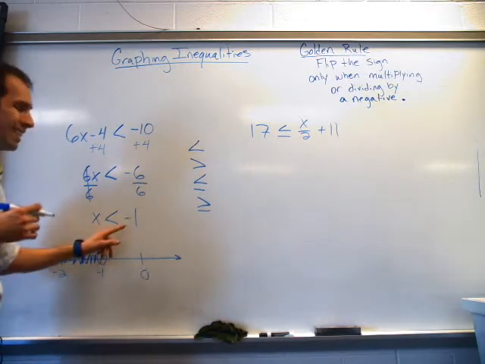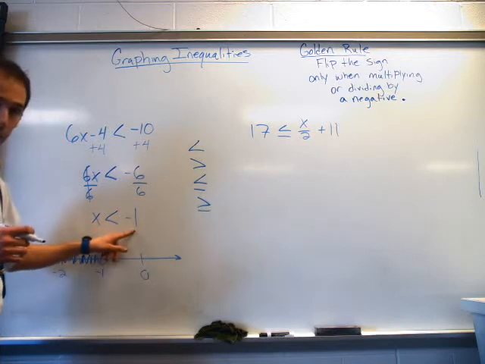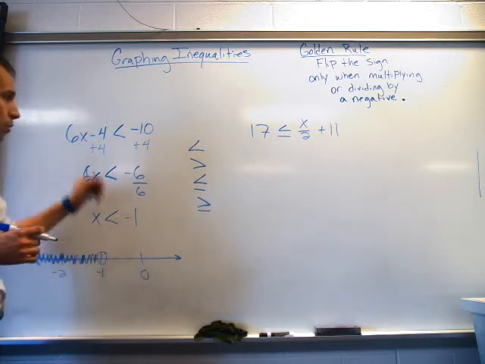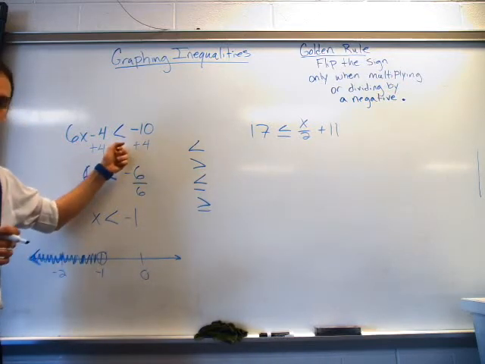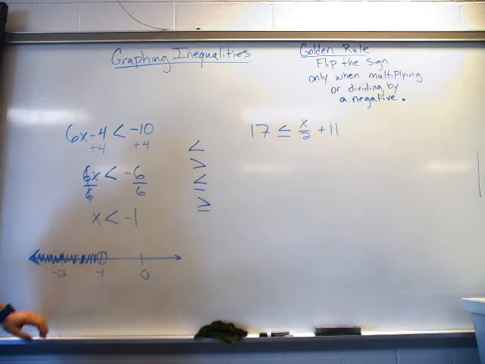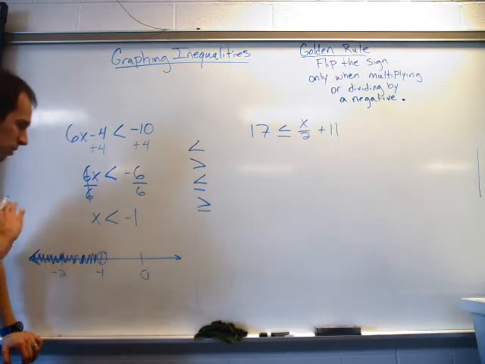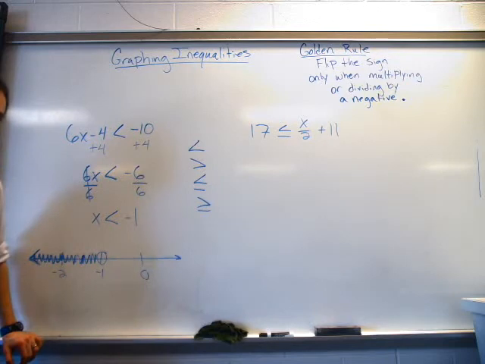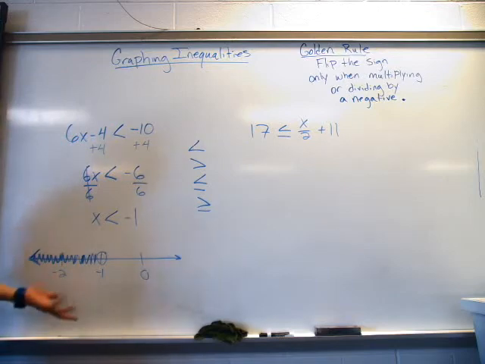X has to be less than negative 1. It cannot be equal to negative 1. That means negative 1 will not be a solution to this inequality. So I actually just leave that circle open. That open circle means negative 1 is not part of the possible solutions for this inequality. So I just leave it like that. That's your graph. You're done. It didn't take that much.